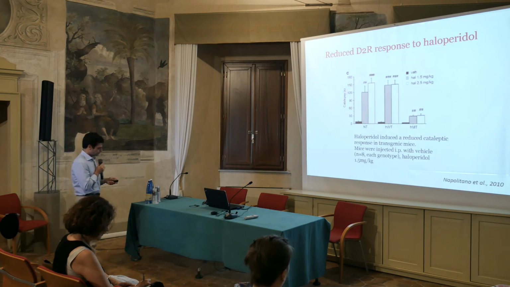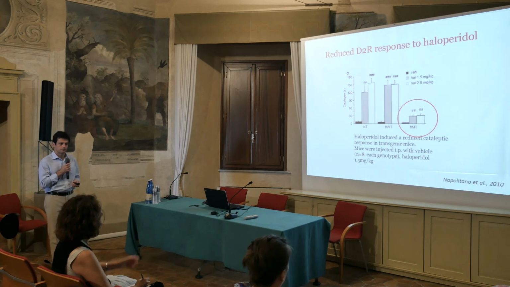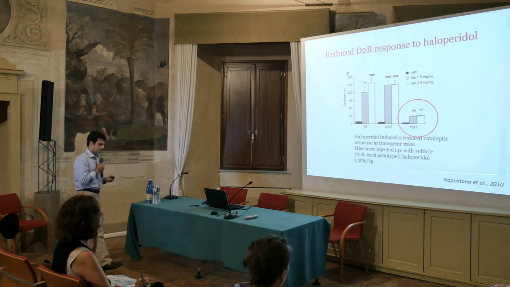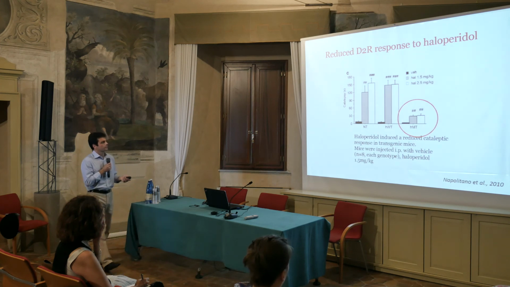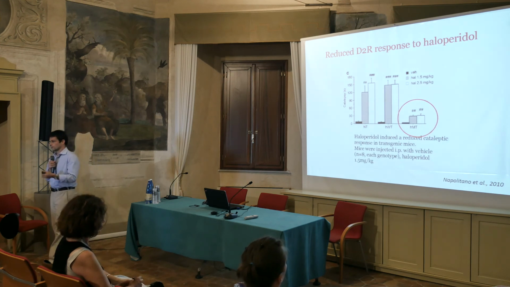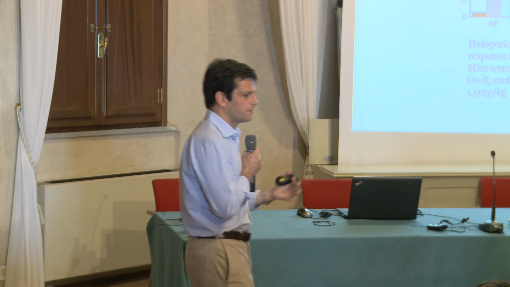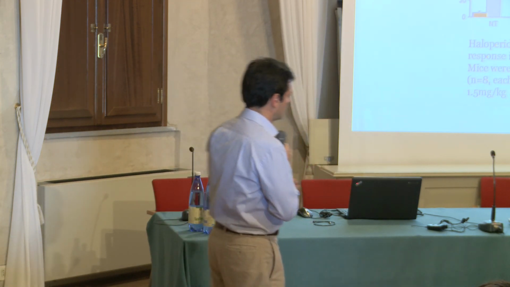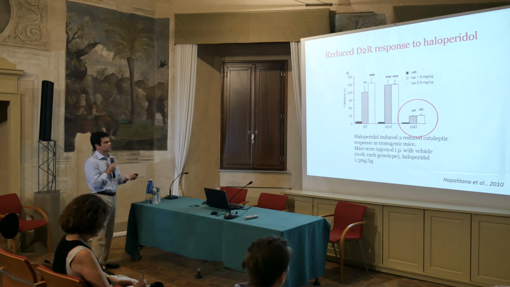Also, functional evidence for their alteration was provided by the haloperidol-induced catalepsy. Haloperidol normally induces catalepsy, and this is a model to test the efficacy of D2 receptor activity. You can see that in these mice it was dramatically reduced.